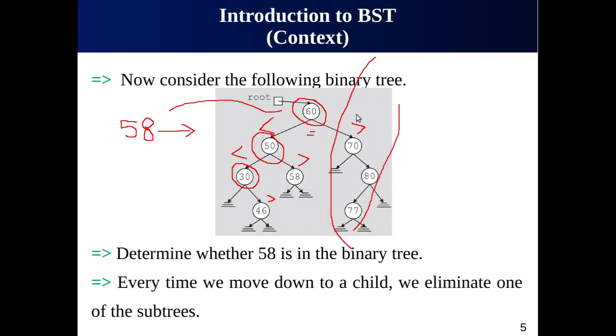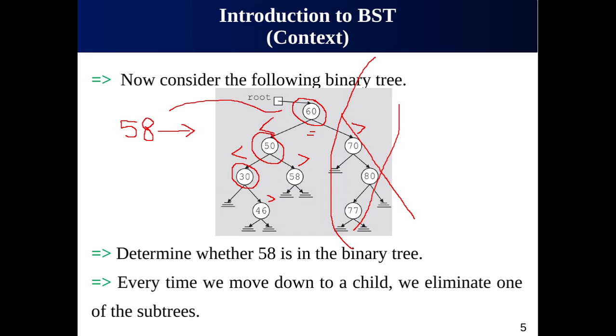So you do not need to search that side because it is greater than the root node. Therefore, if 58 is in this binary tree, it must be in the left subtree, because we know that all the elements on the left hand side are smaller than 60. That is the property of this tree, that everything on the left side must be smaller, and every node on the right hand side must be greater than this root node.